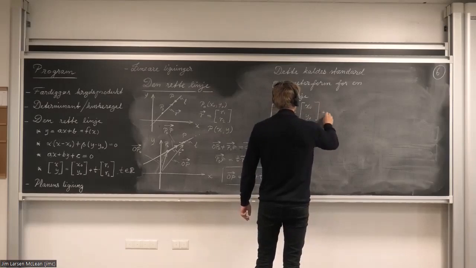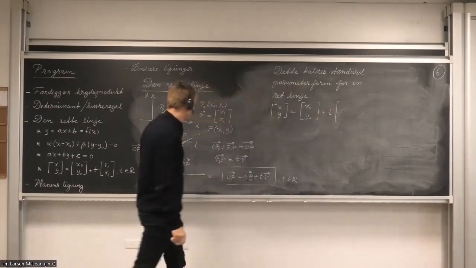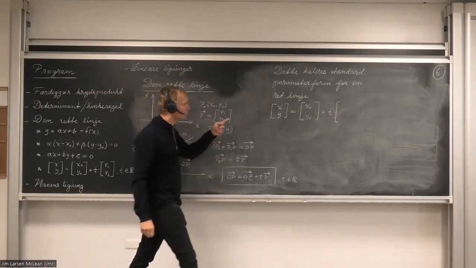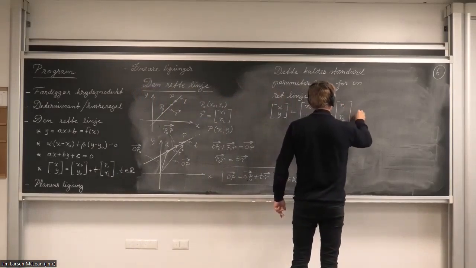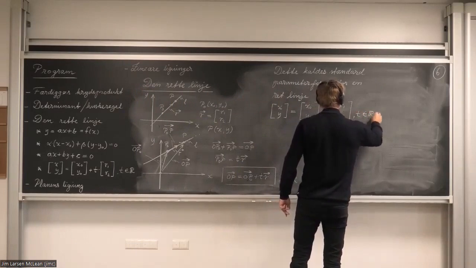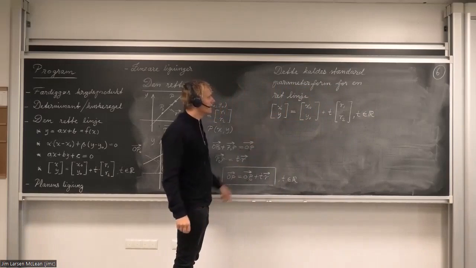And then I should say plus the parameter t multiplied by the direction vector. But the direction vector had the coordinates r1 over r2. And if I let t run through all the real numbers, then we describe all the points on the line L. There you have a straight line described in standard parametric form.